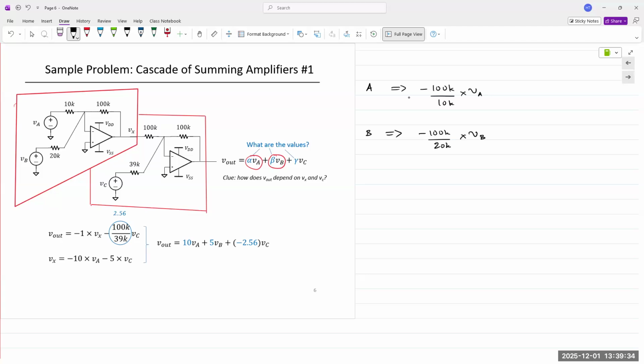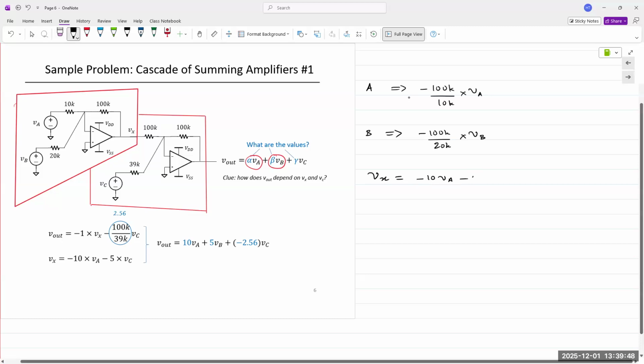Right? That is Vx. So Vx is equal to minus 10 VA minus 5 VB.